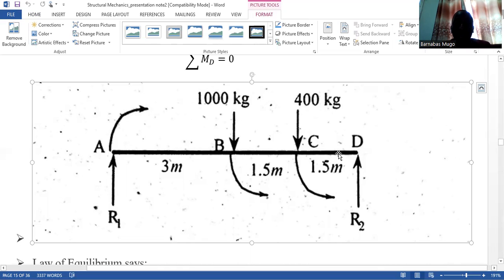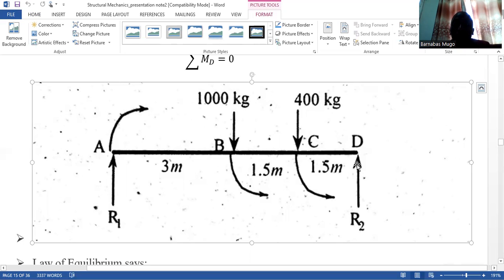Then I should add the other moment, which is 400 kilonewton. You multiply by 10 to make them Newton. Then I multiply by 1.5, the distance from C to D. Those are going to produce the clockwise moments.